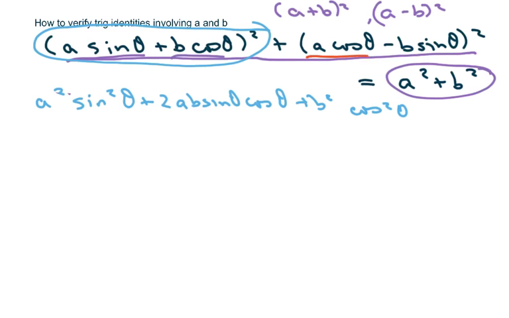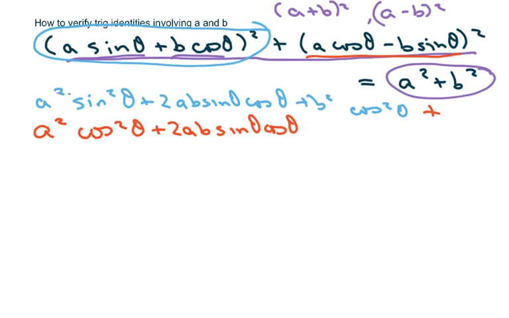Now I'm going to take care of this part, which is basically the same thing. A squared, so this is plus cosine squared of theta plus 2AB sine theta cosine of theta plus B squared sine squared of theta.